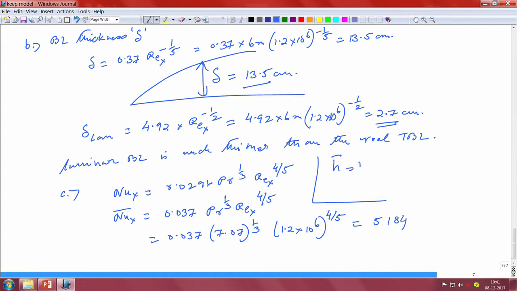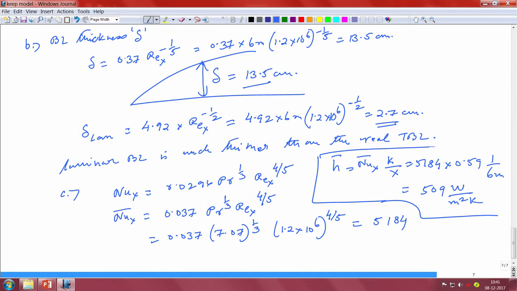H bar is equal to Nusselt number x bar divided by k by x, right. So this gives you about 5184, into 0.59. Remember we calculated k earlier, divided by 1/6 meter. If you take care of the units, it would be 509 watt per meter square Kelvin. Got it?